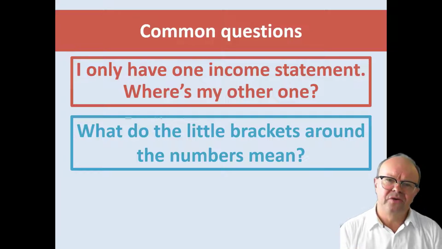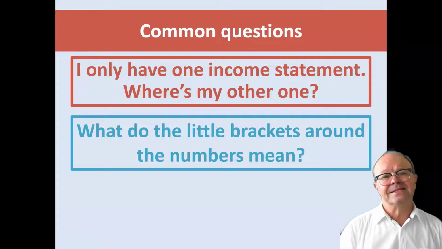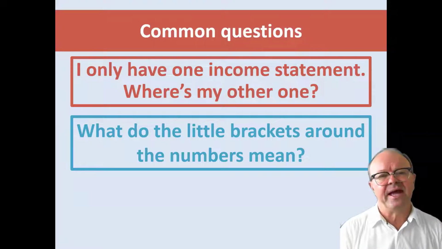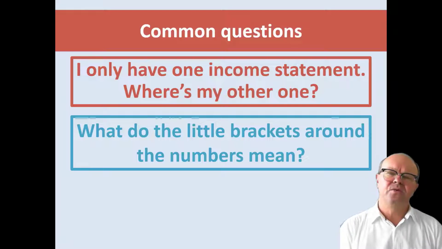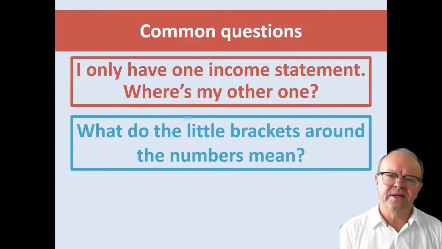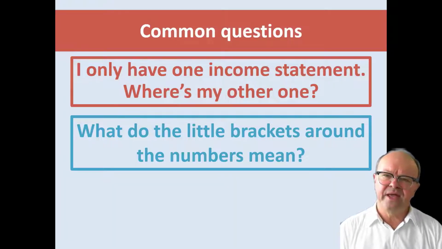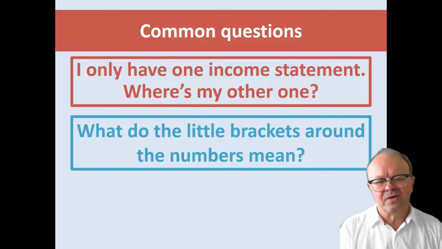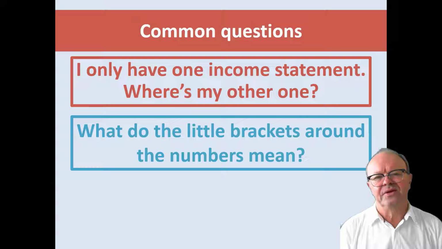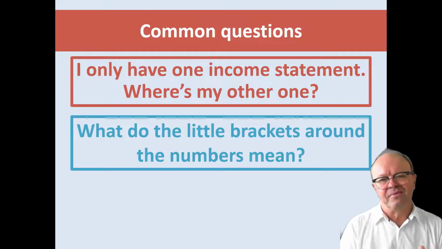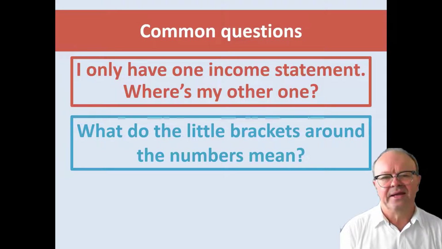And then if you've got a separate statement of comprehensive income, it starts with your net profit after tax, goes through the other comprehensive income items, and then you end up with total comprehensive income. So when you put it in your spreadsheet, you just run it straight through. The income statement ends at net profit after tax, and the statement of comprehensive income takes off from that. So you just flow it through. You don't have to repeat the net profit after tax. You just flow it right in afterwards.